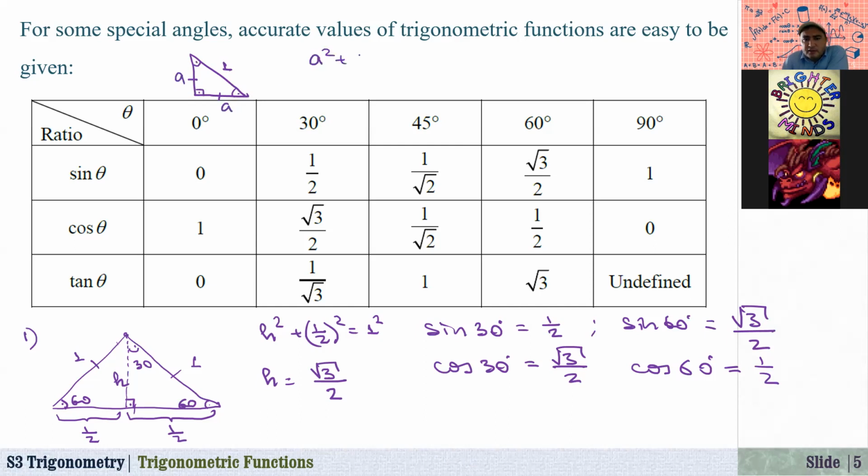A squared plus A squared is equal to 1 squared. From here, 2A squared equals 1, so A will be equal to 1 over square root of 2. Now, what is sine of 45? Sine of 45 is equal to A over 1. That's A, which is 1 over square root of 2. In a similar way, you can find cosine of 45 is equal to 1 over square root of 2.